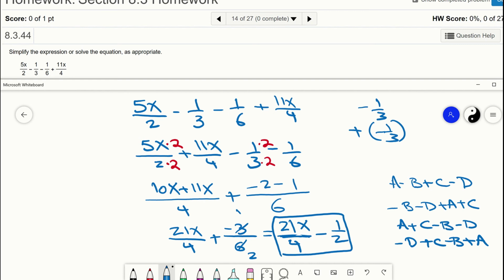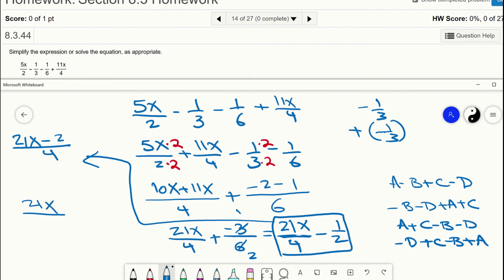Now, sometimes, if you're using a traditional textbook, you may see this answer given in this form. That's also okay, because look, you have 21x over 4 minus 1 over 2.